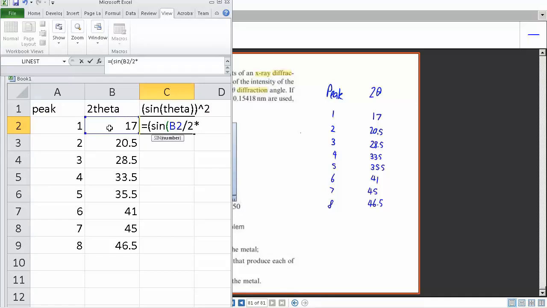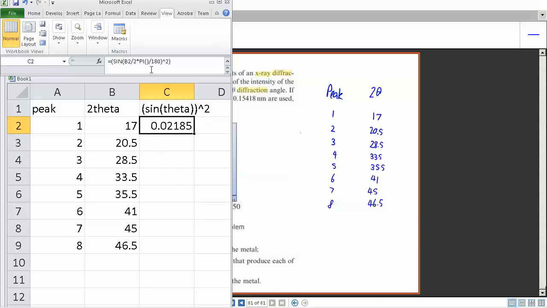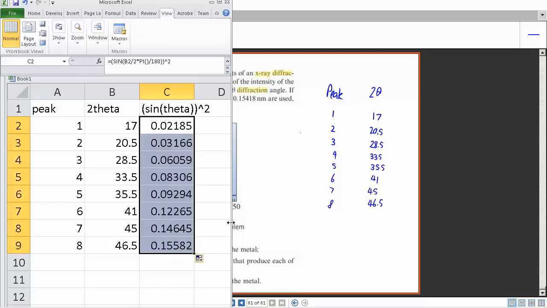And then I'm going to convert to radians, as Excel defaults to radians. And then finally I'm going to square that quantity. Oh, damn. Probably put the wrong brackets in. There we go. Copy that down. Okay.